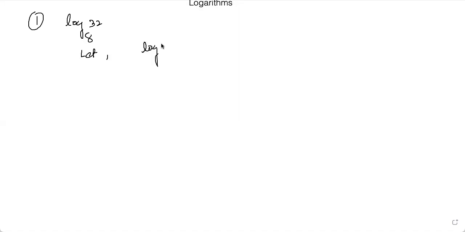So log 32 to the base 8 as x. Okay. So this would be 8 power x is 32, right? So this was in the logarithm form. Okay, and this we have written in index form.